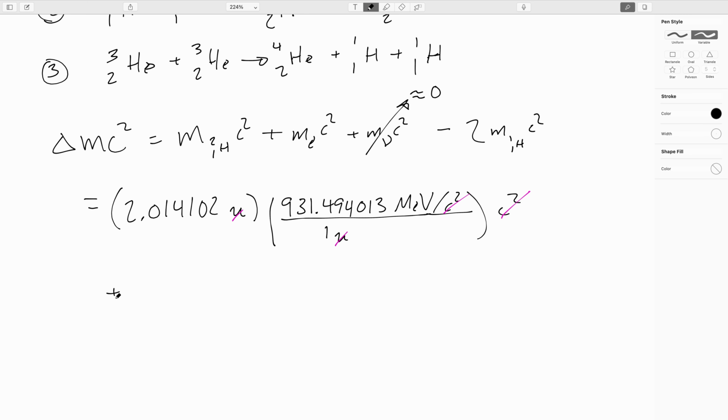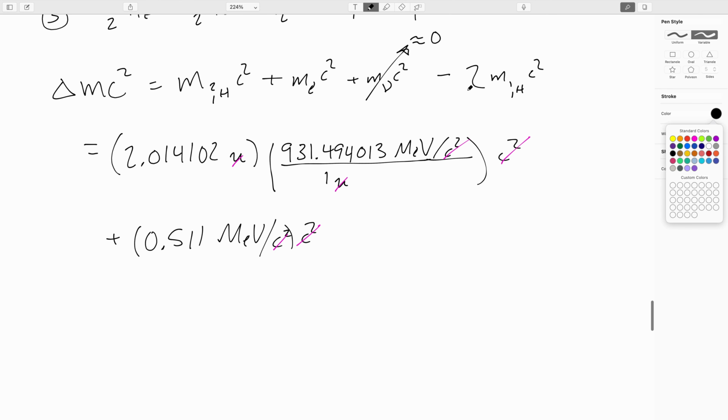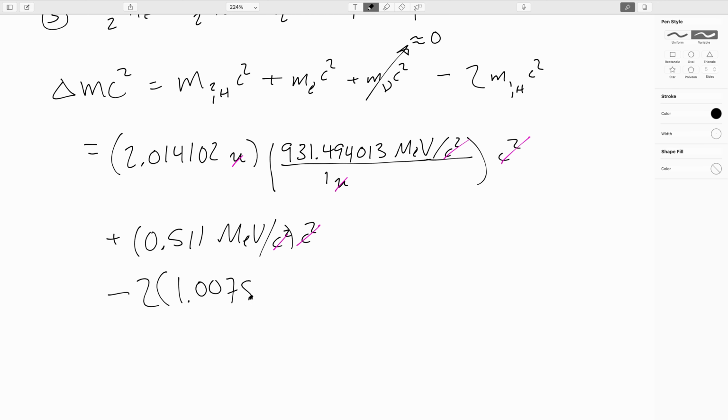The mass of our electron is 0.511 MeV over c squared, and again we're multiplying that by c squared, so we can just cancel the c squareds. All right, like I said, we're ignoring the neutrinos, so then we will subtract 2 times the mass of a single proton, which is 1.007825 atomic mass units.